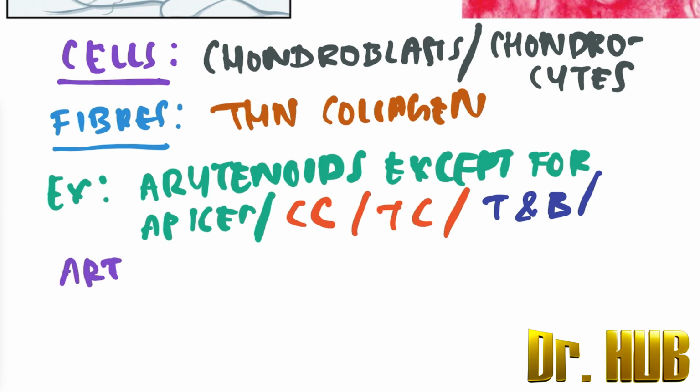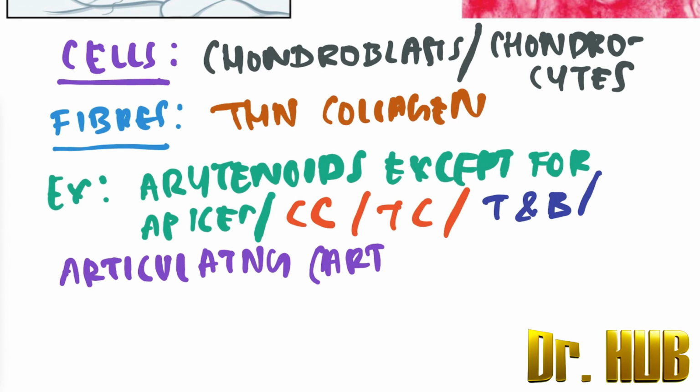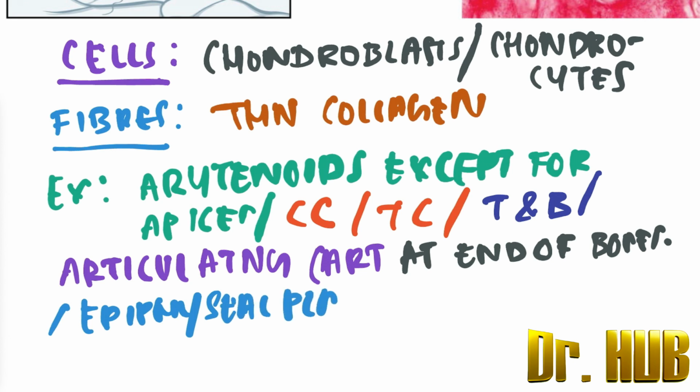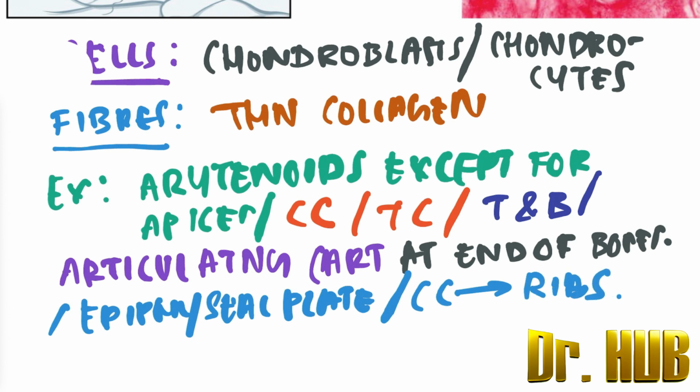The articulating cartilage is at the end of the bones. Then there is the epiphyseal plate as well as the costal cartilage of the ribs, the CC of the ribs.